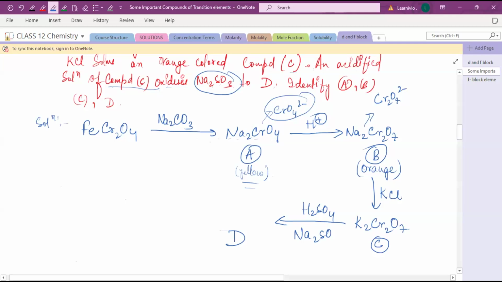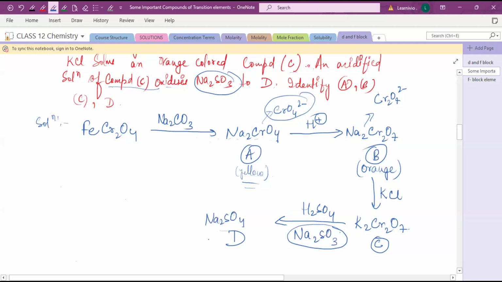It's very easy, just think about it. What is oxidation? Addition of oxygen, right? Because this is the acidified solution, it will convert Na2SO3 to Na2SO4.